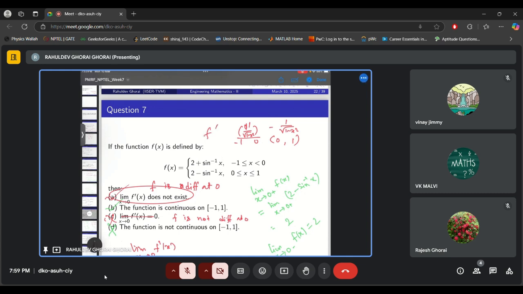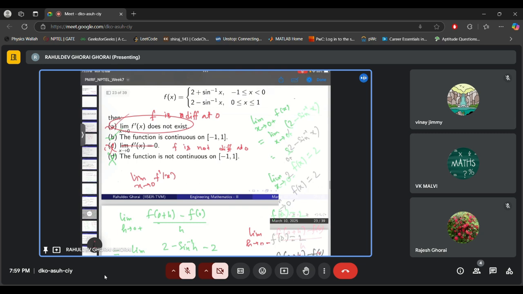So the limit as x extends to 0, you can talk about, and you can similarly show that they are minus 1 and 1. So it is not the case that the limit of f prime x does not exist. Okay, that was a small correction I wanted to make.